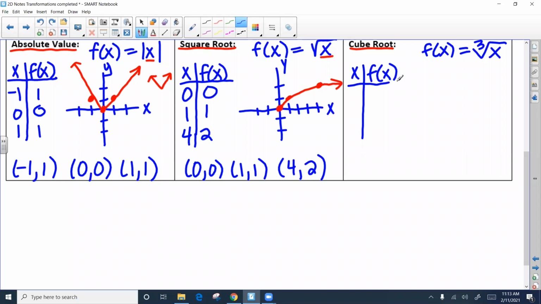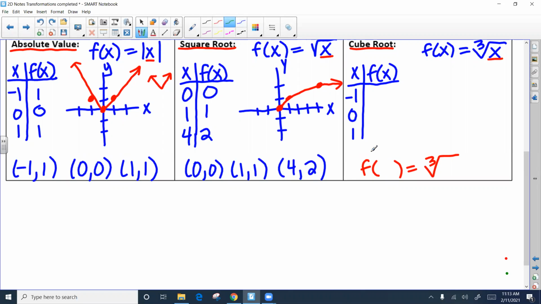This one I am going to choose the same inputs I did on all the other ones: -1, 0, and 1. So I'm choosing -1, 0, and 1 as my inputs.